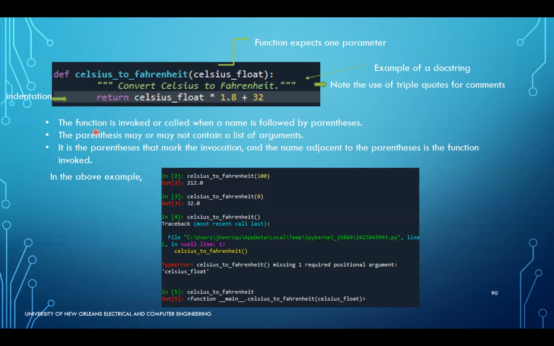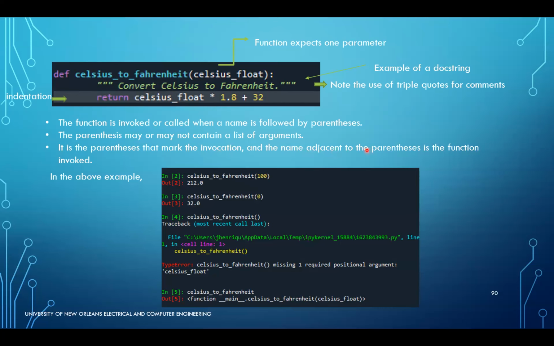So be aware of using indentation in your functions. In this case, the function is invoked or called when a name is followed by parentheses. The parentheses may or may not contain a list of arguments. In this case, it does. It is the parentheses that mark the invocation; in other words, the parentheses tell the Python interpreter to call the function.